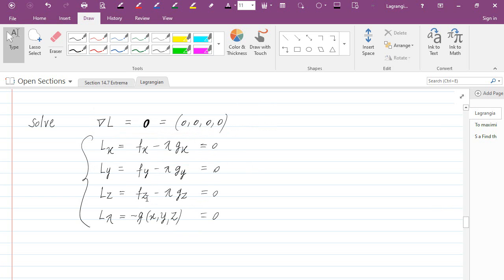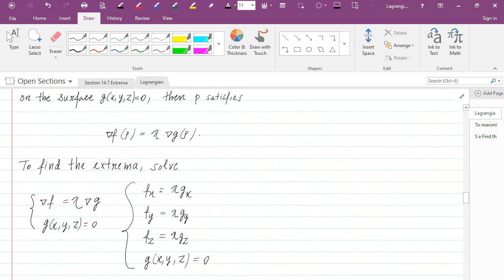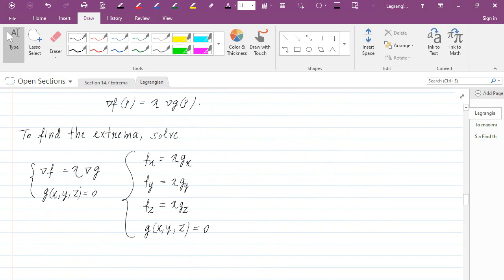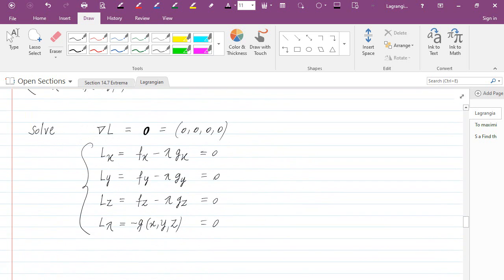Notice that we can rewrite them as fx is equal to lambda gx, fy is equal to lambda gy, fz is equal to lambda gz. So this system of equations is exactly the same as what we have seen in the previous video.